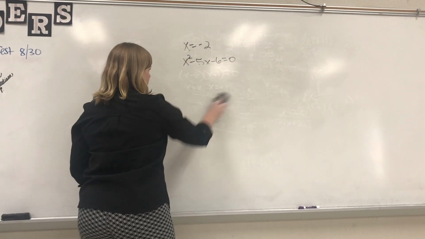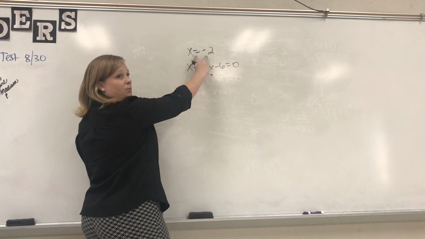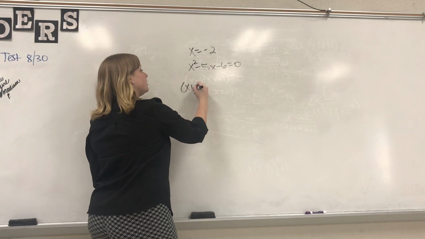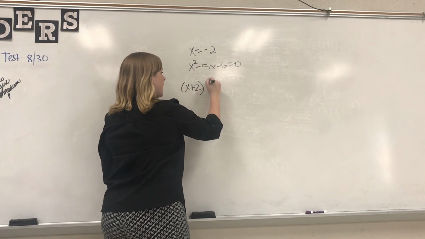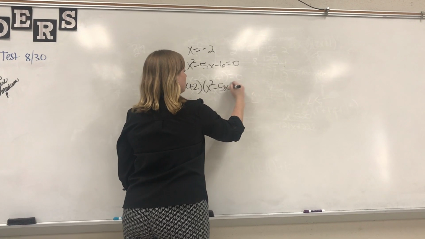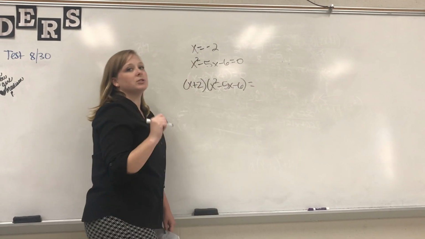Or you can undo this, put it into factor form, which would be x plus 2, multiplied by what you had left, and that'll give you your original function.